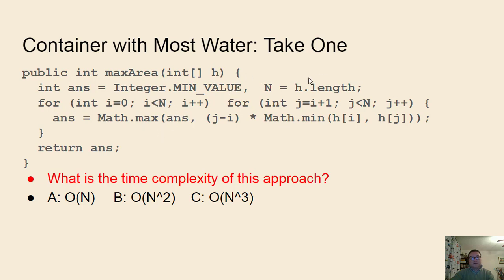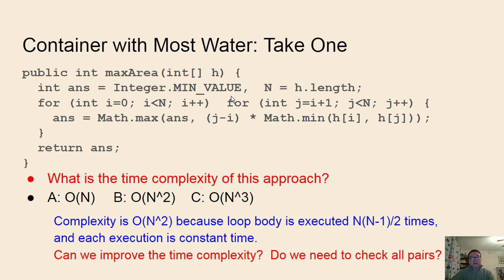So what's the time complexity of this approach? I think it's pretty obvious that this is n squared, because this loop is executed n choose 2 times, and each loop is constant time, since it's just a simple operation.